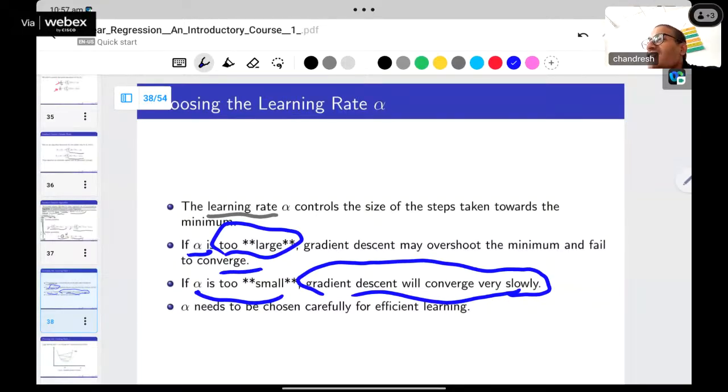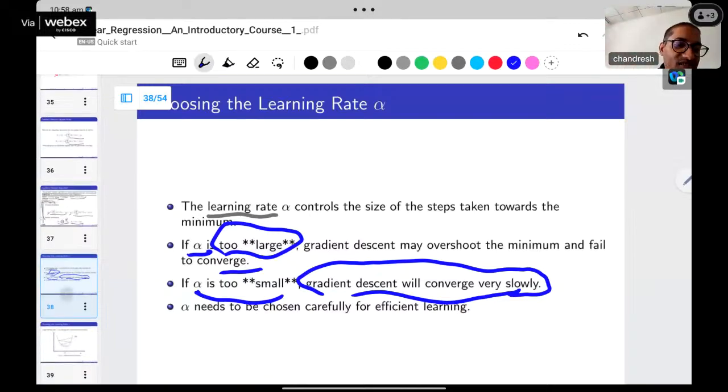What does it mean? If you run very fast, because of momentum and inertia, you might miss the bottom and go to another hill. So that's the thing with alpha.